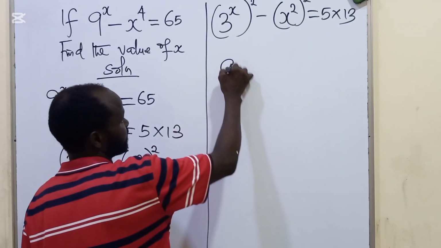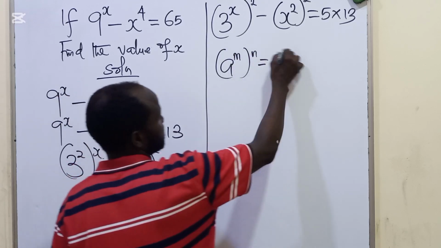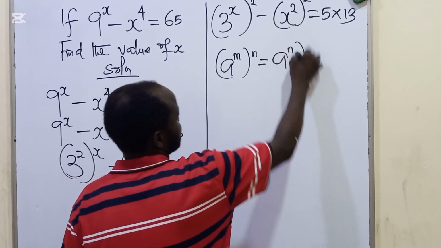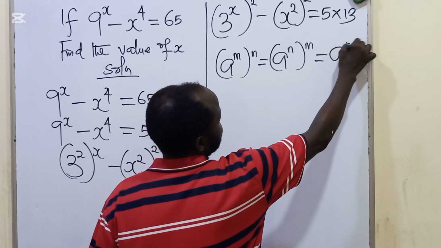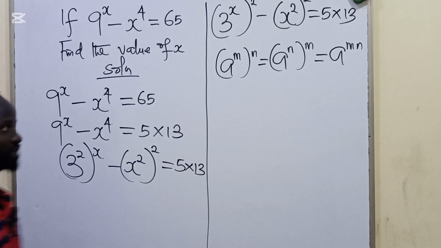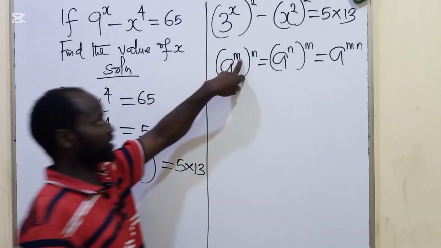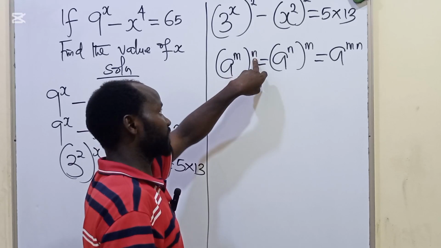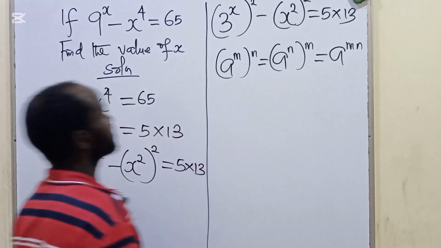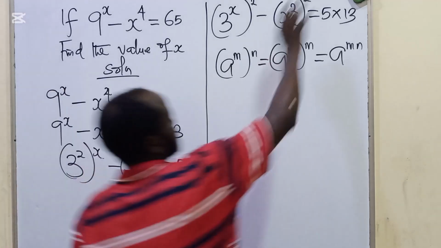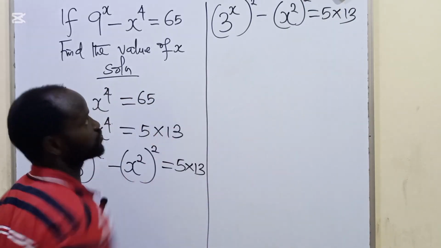If I have (a^m)^n, it is the same as (a^n)^m, and is the same as a^(mn). They mean the same thing. That's what I just did here. I had to bring x in and take 2 out. Like here, I have m in, n outside. I decided to bring n in, take m outside. They mean the same thing. Very important. Okay, so from here, we can apply difference of two squares.